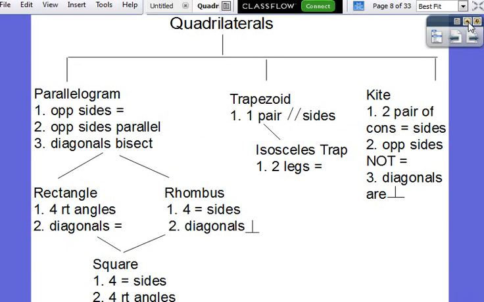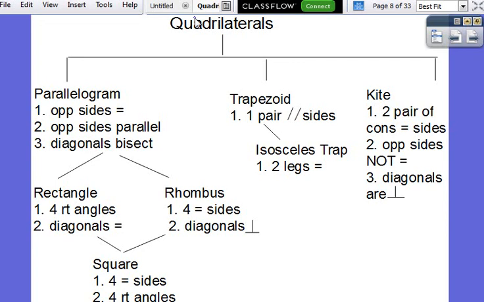All right, the way to use this chart is this. When you look at a figure and you pick out what it is, you go from that up, and that'll tell you all of the possible names. For example, if I see something that I think is a rectangle, well, if it's a rectangle, what else does it have to be? And if it's a parallelogram, it's still a... So you start here and you work your way up the chart, and that'll tell you all of the possible names for whatever you're dealing with.